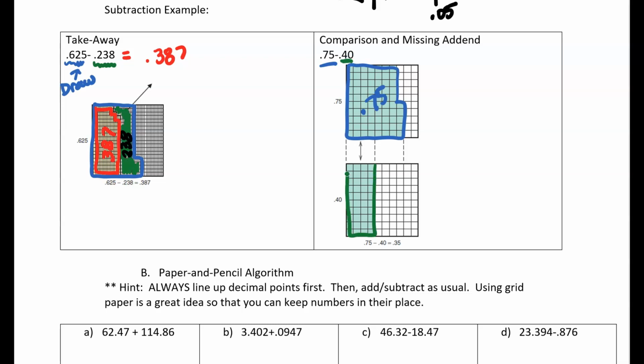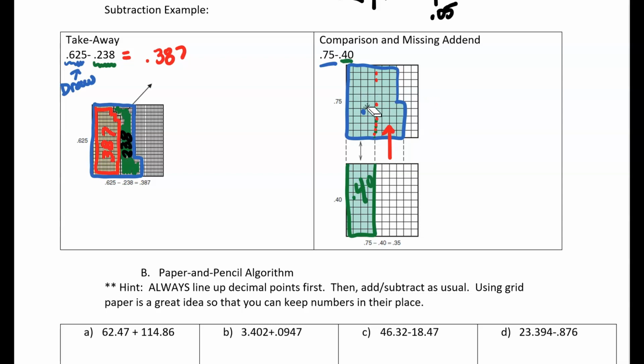So this is what 0.4 looks like. And then you ask yourself, comparing these two pictures, how much more is in the picture with 0.75? So if we compare them, what is this extra piece that 0.75 has? And that's going to be your answer. So there's 0.35 left over.